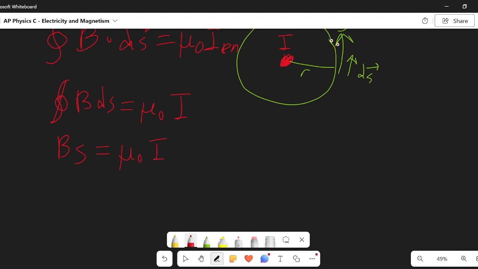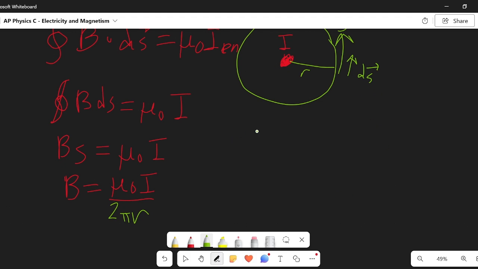And S is essentially the circumference of our Amperian loop. So we divide this by S, and in this case S is equal to 2 pi r, because that is the circumference of our Amperian loop.